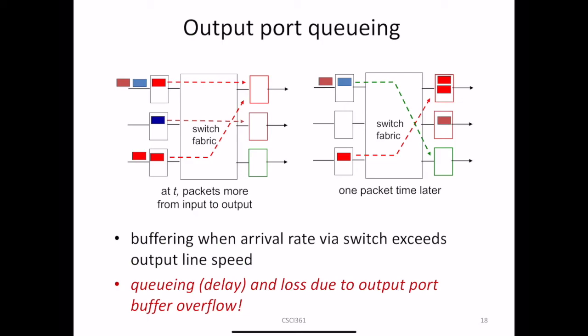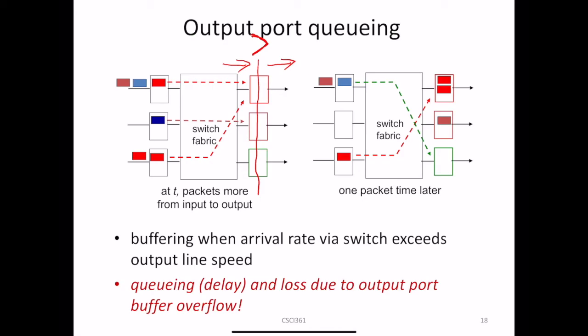And for the output port queuing, if we see from this line, the switch fabric arriving speed to the output port is faster than the output speed.